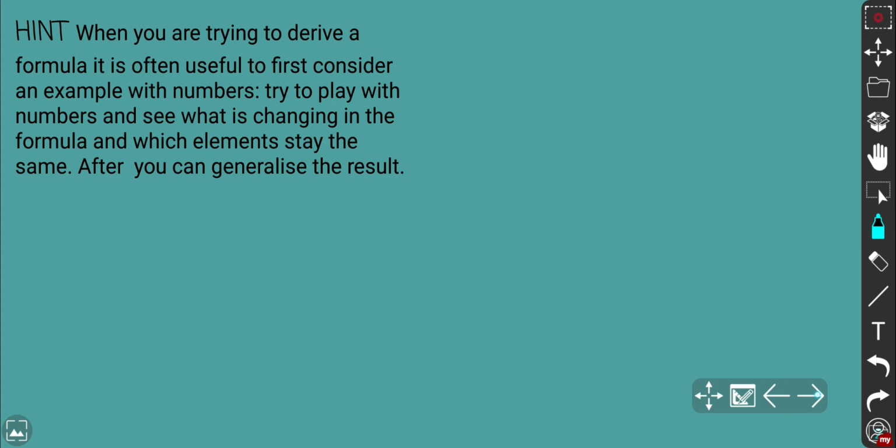You try to play with numbers, trying to get a formula that calculates the value for your target, let's say the area, and then you change your numbers into all the variables that you have. So try to play with numbers first and see what is changing in the formula, and which elements stay the same, like different coefficients, different structures. Probably the structure stays the same, and then you will have more understanding to generalize that.